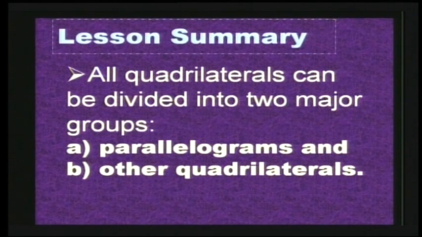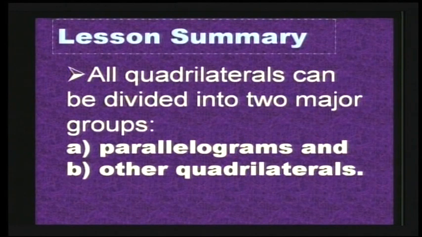All quadrilaterals can be divided into 2 major groups. What is the first group, 7Es? Parallelograms. And how many shapes have we learned so far in parallelograms? 4 shapes. One is a parallelogram, the other ones are a square, a rectangle, and a rhombus. Okay? Those are the 4 parallelograms.